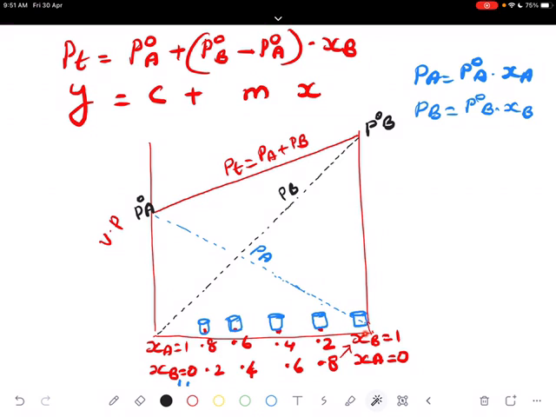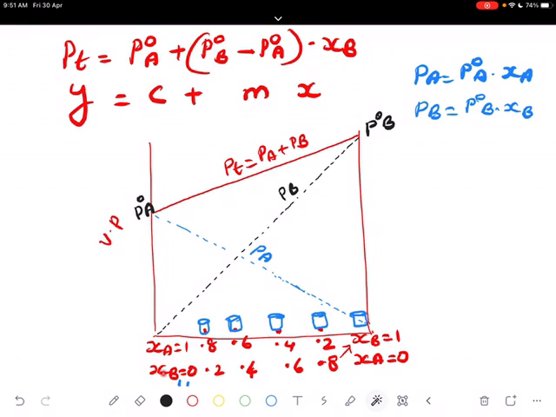Similarly, at this point only P naught B is there. When we come here, XB is 0, that means that component is not there, so the vapor pressure due to that component is 0. Now here only XB is there, that means that is the pure vapor pressure. Here only XA is there, that means its vapor pressure is the pure vapor pressure.